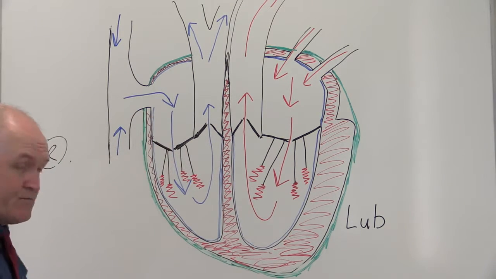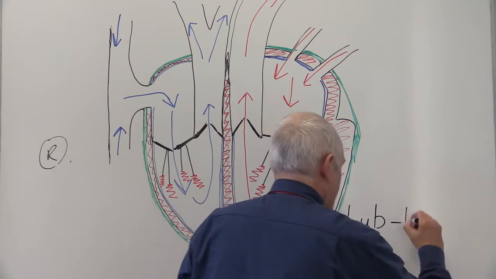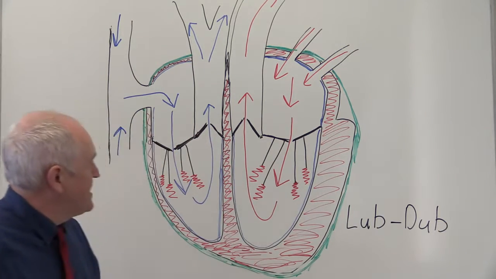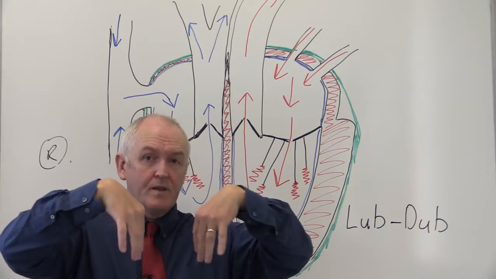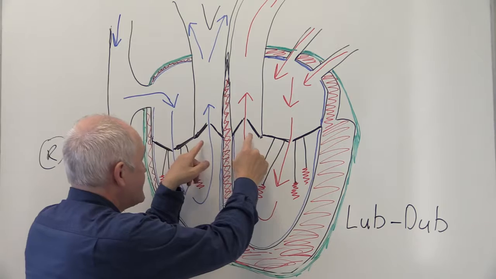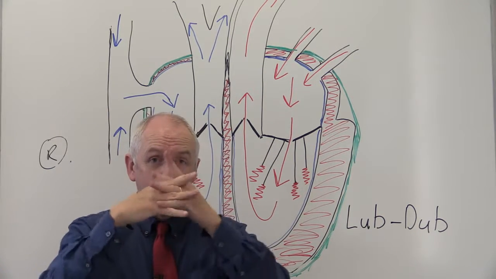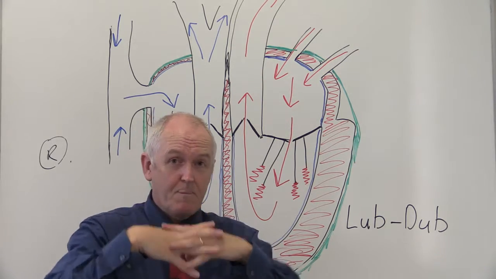And that noise we normally refer to as a dub. So atrioventricular valves are going to go lub, and the arterial semilunar valves are going to go dub.